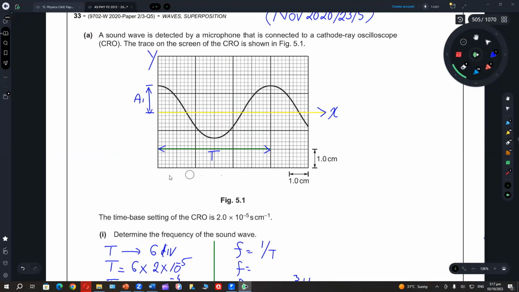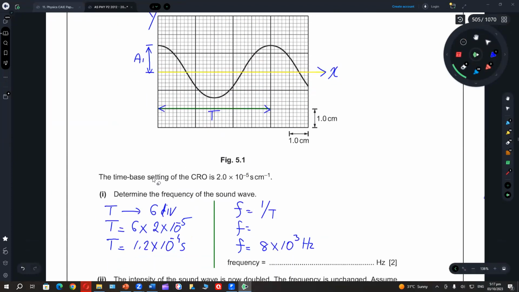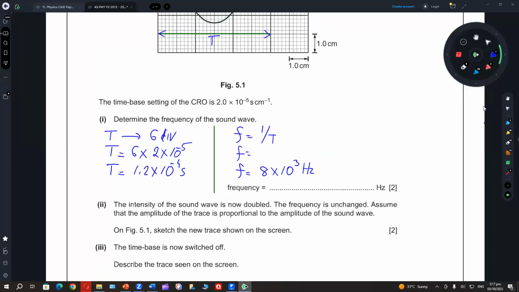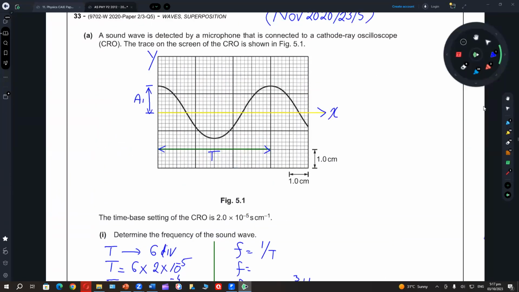Why did it become 10 centimeter? Oh, sorry, 2 centimeter. So you have to keep the same frequency, but you have to increase the amplitude.